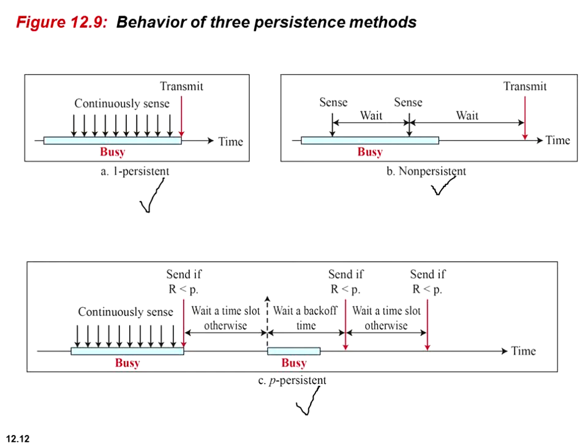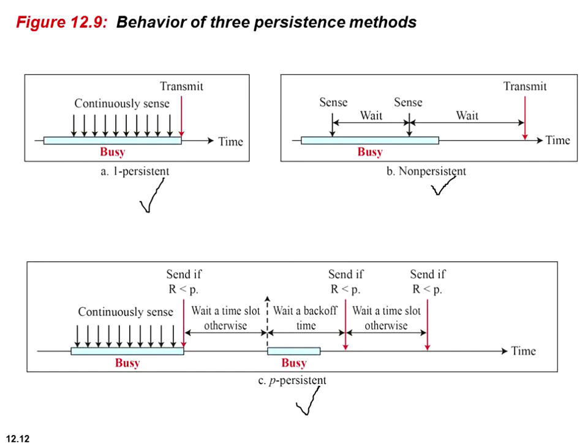The third one is the p-persistent method. This method is used if the channel has time slots with a slot duration equal to or greater than the maximum propagation time. The p-persistent approach combines the advantages of the other two strategies: it reduces the chances of collision and improves efficiency.